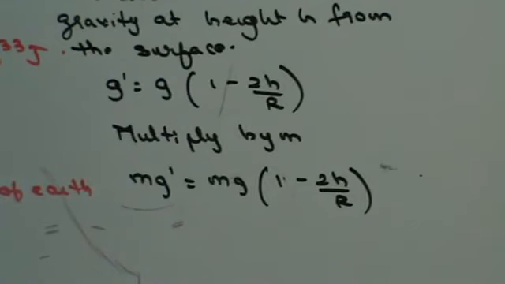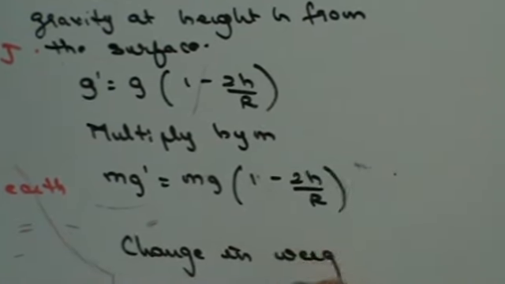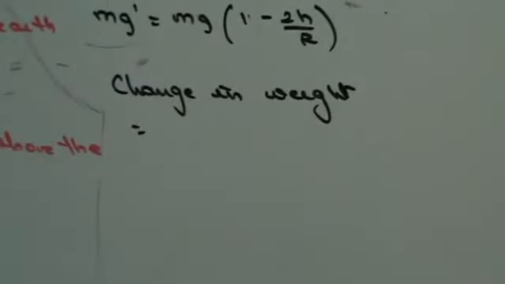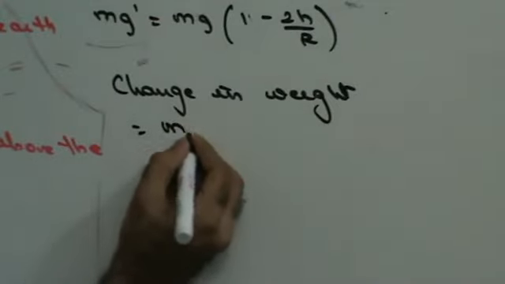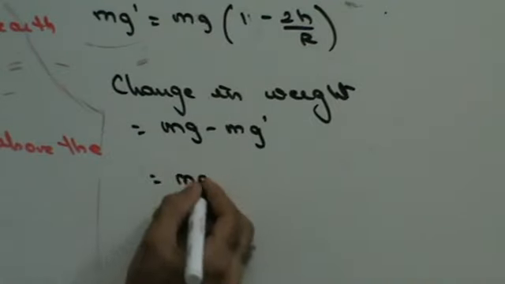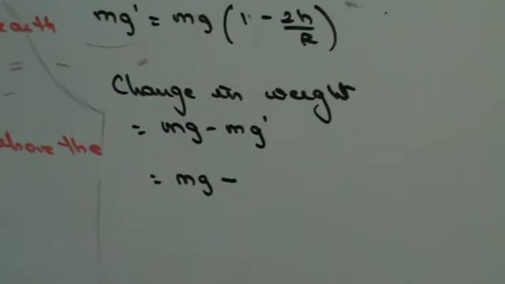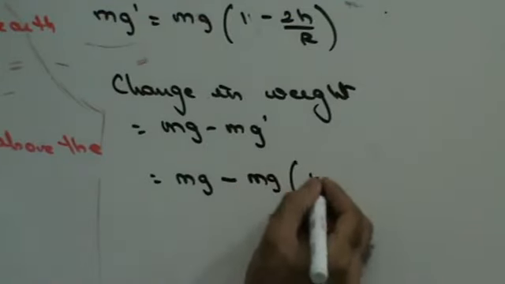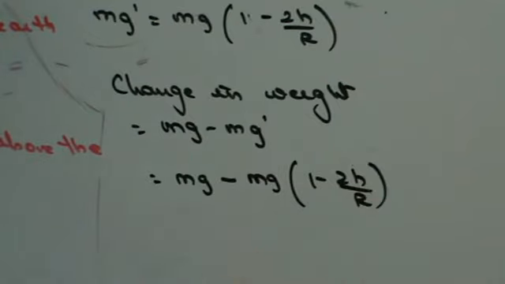Now, in that case, what will be the change in weight? Change in weight of the body. Weight of the body at height h is this. Weight of the body on the surface is mg. So it will be mg minus m g bar. That is going to be the loss of weight, which is nothing but mg minus mg into 1 minus 2h by r.